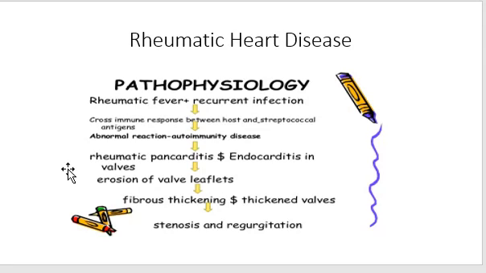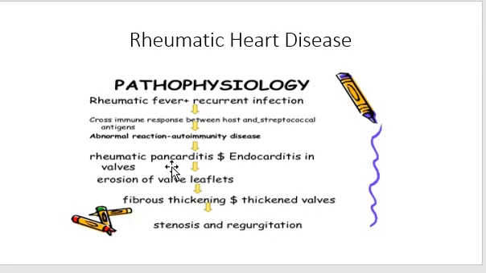So this is rheumatic fever plus recurrent infection, and it's a cross-immune response between host and the streptococcal antigen. So you get this abnormal reaction causing an autoimmune disease, and you get rheumatic pancarditis, or inflammation of the heart, endocarditis of the valves, erosion of the valve leaflets, fibrinous thickening and thickened valves, and stenosis and regurgitation.